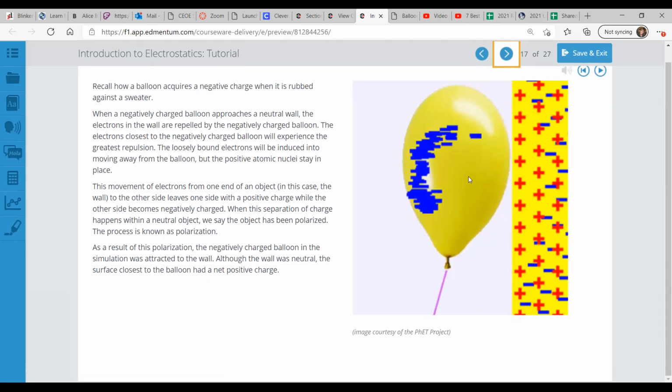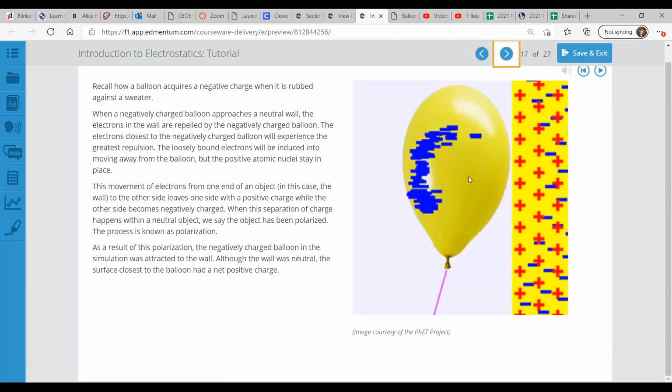Recall how a balloon acquires a negative charge when it is rubbed against a sweater. When a negatively charged balloon approaches a neutral wall, the electrons in the wall are repelled by the negatively charged balloon. The electrons closest to the negatively charged balloon will experience the greatest repulsion.